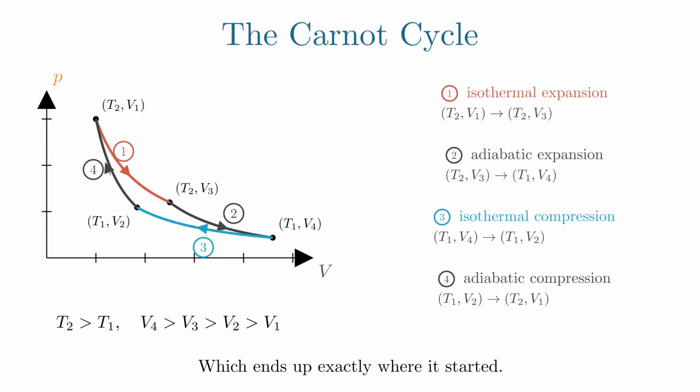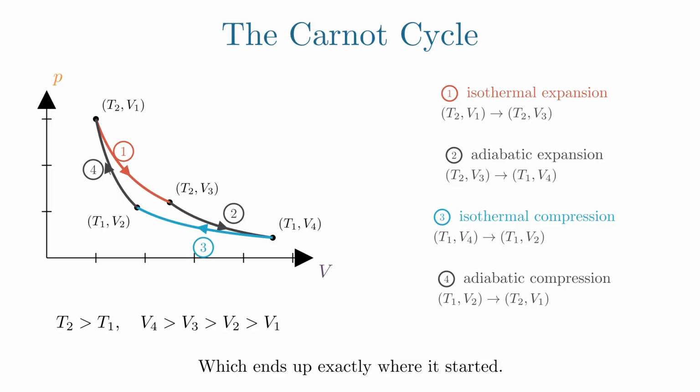Then this is followed by isothermal reversible compression from T1 V4 to T1 V2. Then finally, we have adiabatic reversible compression from T1 V2 to T2 V1, which ends up where we started, i.e.